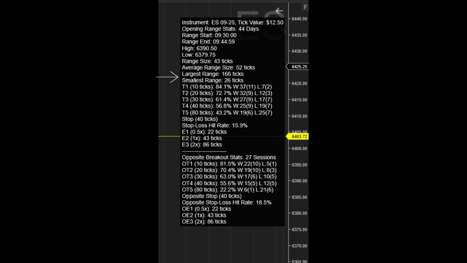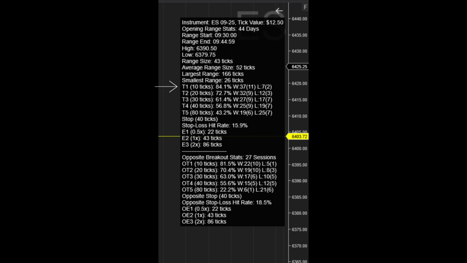Where do we stand as compared to an average day? Where do we stand as compared to a really low volume small day? We're about double what a small day is, and we're closing in on what an average day is. So we already have a ton more information than you would have if you were an opening range breakout trader.